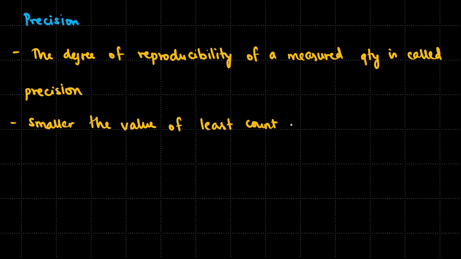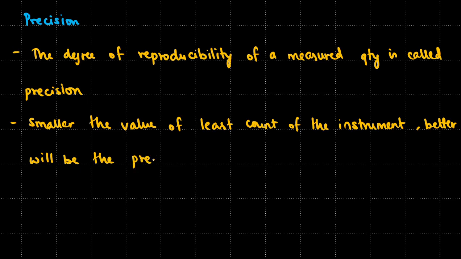So if we have a smaller least count of the instrument, we will have a better precision.